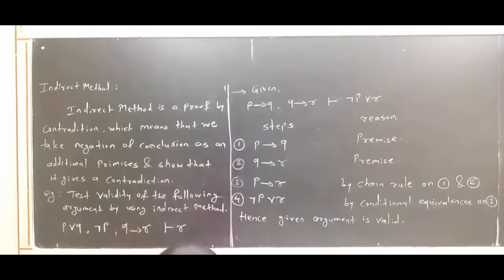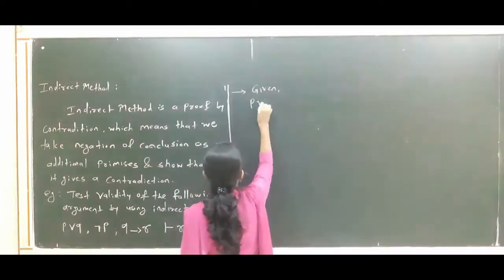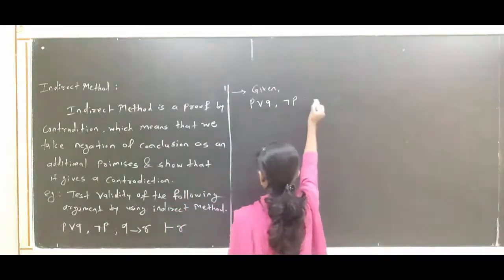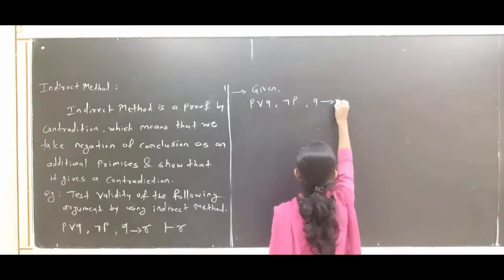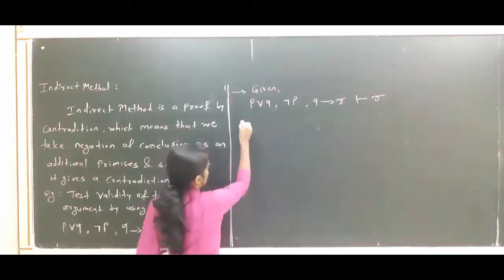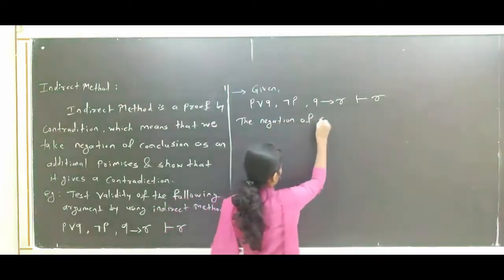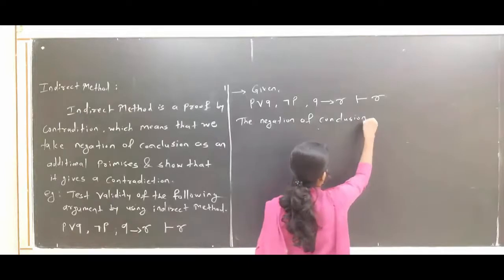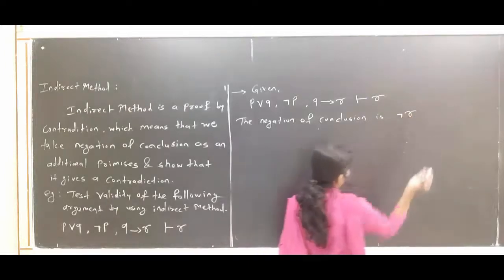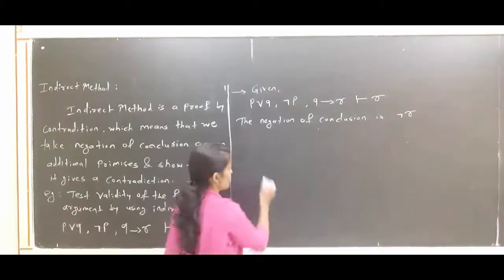Solution. Write down the given argument: P or Q, negation P, Q implies R, conclusion R. Here the negation of the conclusion is negation R. So we take this as an additional premise.